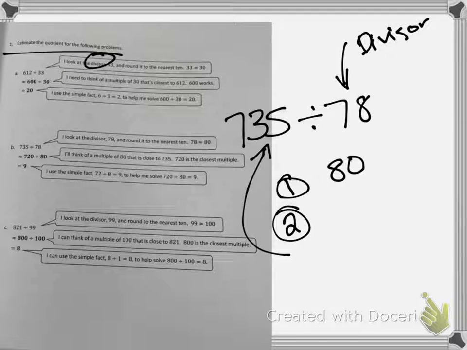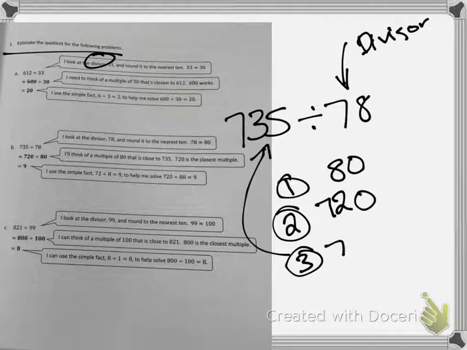Well, like I said before, we're more likely going to have a 0 in the ones place. So now, looking at 73, what is a multiple of 8 that is close to 73? Well, 72 is a multiple of 8 close to 73. So 8 times 9 is 72.